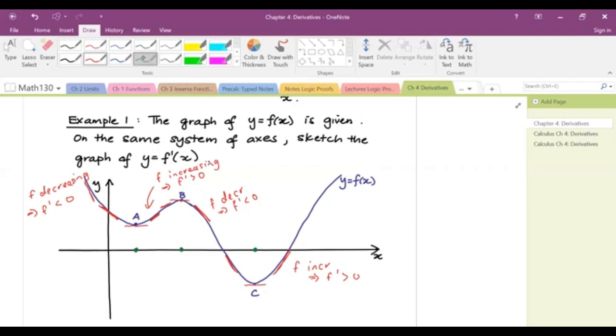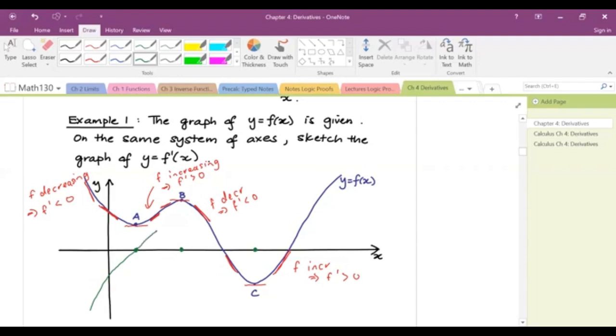So if we put in a derivative function now, we can see, okay, for values of x less than a, the derivative is negative and becoming less negative, and it must cross the x-axis at a. Then between a and b, it becomes positive.